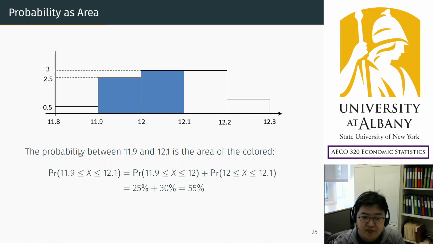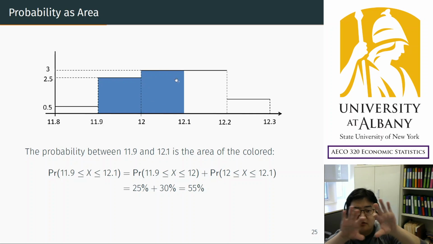For example, if you'd like to calculate the probability between 11.9 and 12.1, then just calculate the area here. You know how to calculate this area. Split the shape into two rectangles and calculate the area for each rectangle. So it's like 55%. It's like an elementary school exercise of calculating area, right?